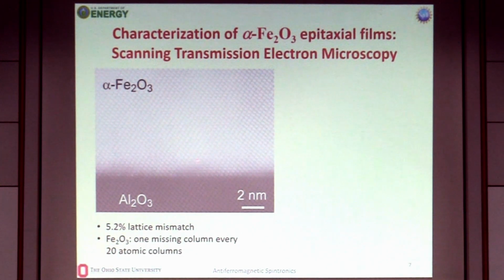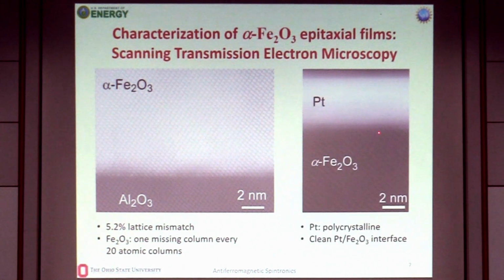But above this first couple nanometers, the atomic arrangement seems perfect, well, within this view. And that is the top surface. Okay, so this is the iron oxide. Here's the platinum. It turned out, our electron microscopy collaborator told us, the FCC lattice of platinum and this hexagonal lattice of iron oxide along the 001 direction, the lattice mismatch is only 0.1%.